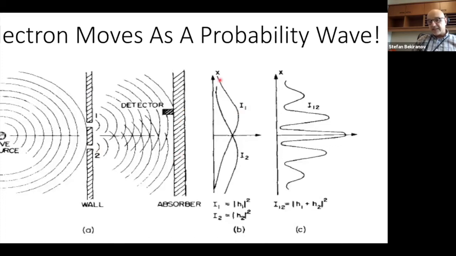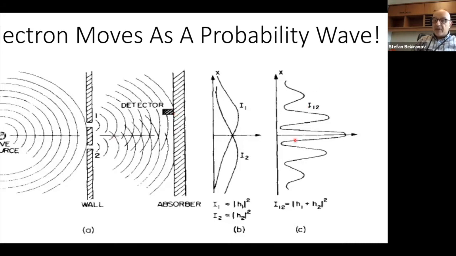You would expect classically this kind of pattern where you sum I1 plus I2 and get an overall hump, at most a double hump. Instead, what you see is this interference pattern that would have come about if each one individually moved like a water wave through two slits, interfering with each other, creating high points and low points where there's constructive and destructive interference, and then finally was detected at the end.